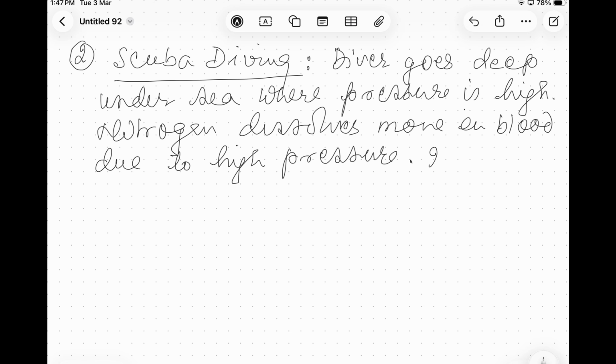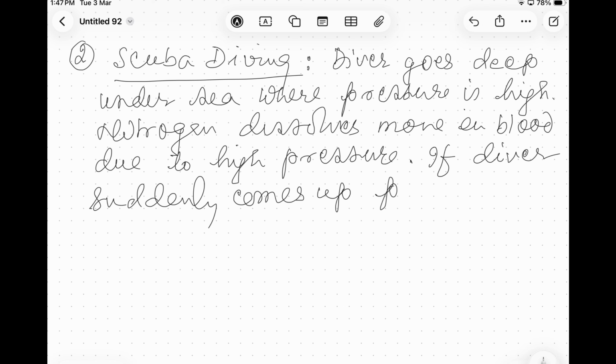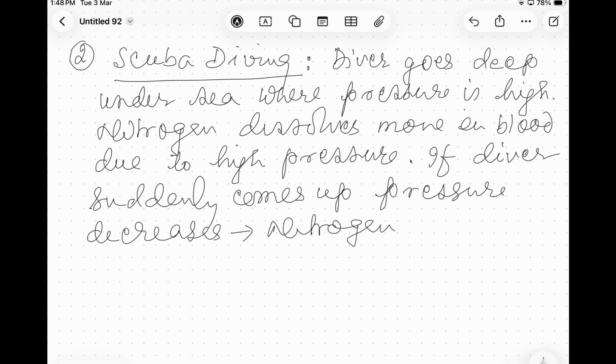If diver suddenly comes up, pressure decreased, nitrogen bubble form in blood.